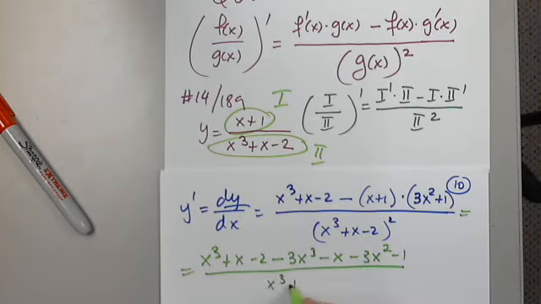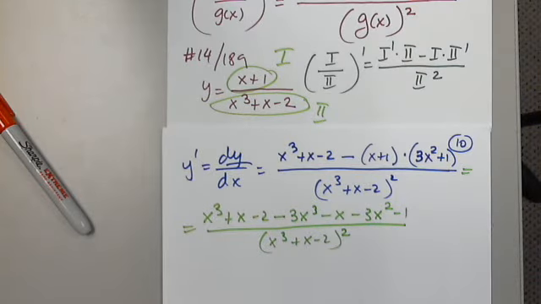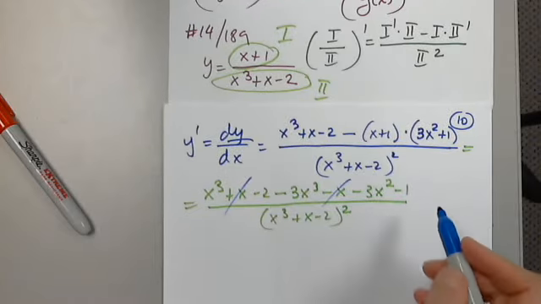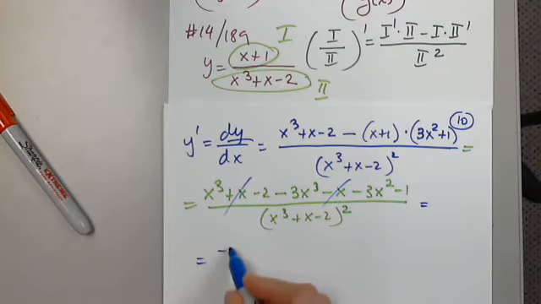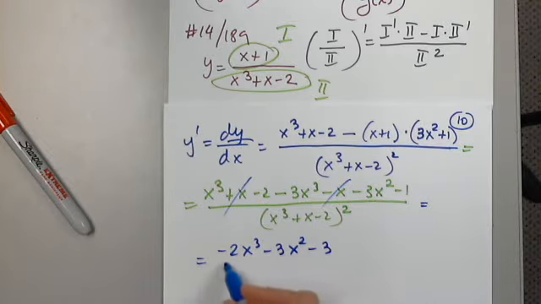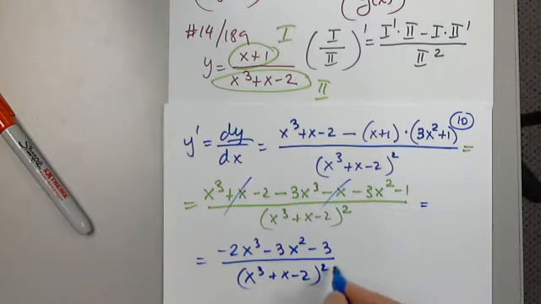Everything over x cubed plus x minus 2, everything squared. It's not going to be a lot, but I have to try. So the positive x with the negative x go away. And then we have negative 2x cubed minus 3x squared minus 3 over x cubed plus x minus 2 squared.